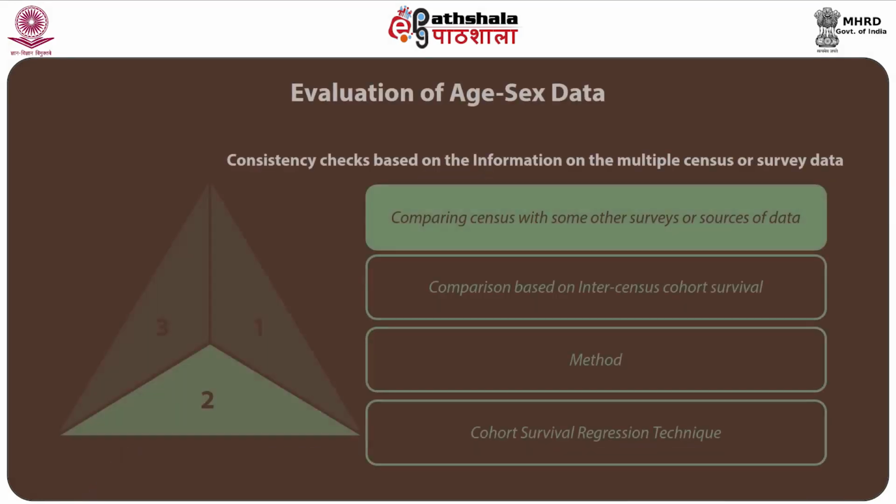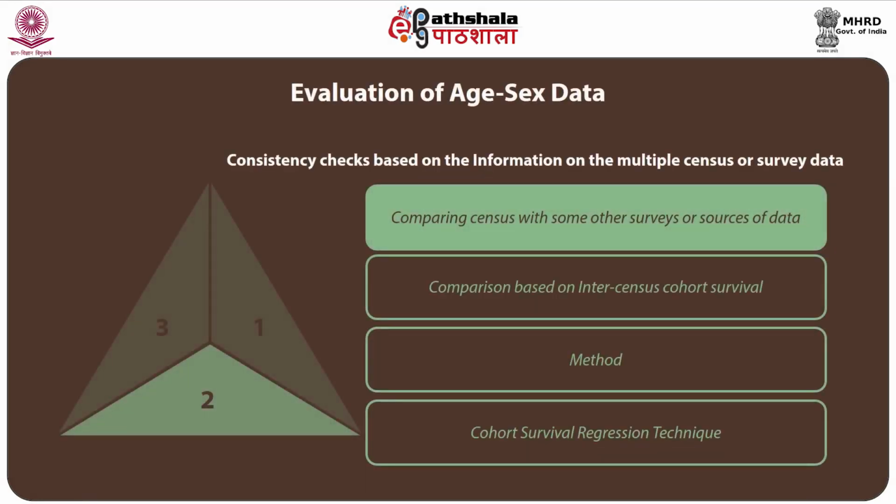There are several techniques to estimate and evaluate the age-sex information from 2 or more data points. One such possible technique is comparing census with other survey or sources of data.